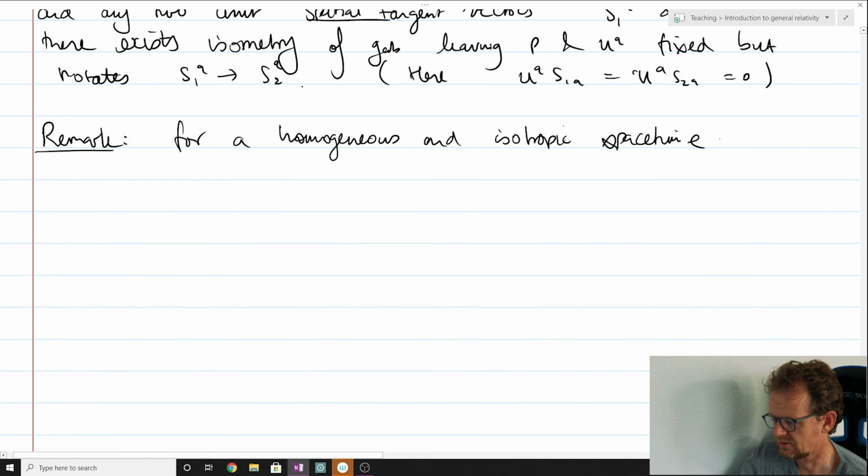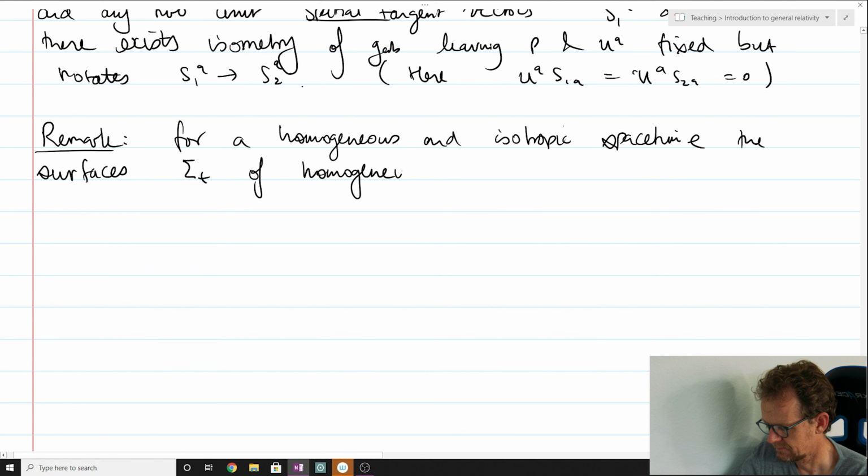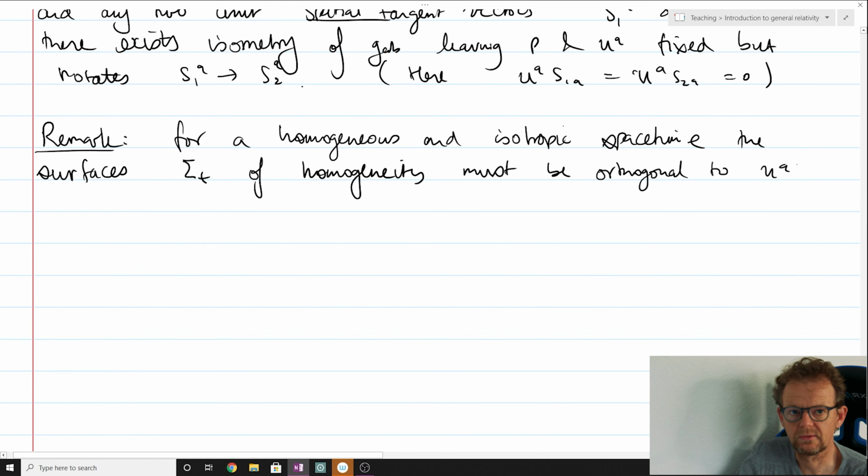For a homogeneous and isotropic space-time, the surfaces foliating space-time must be everywhere orthogonal to the tangent vectors of the time-like curves in this congruence going through the manifold.